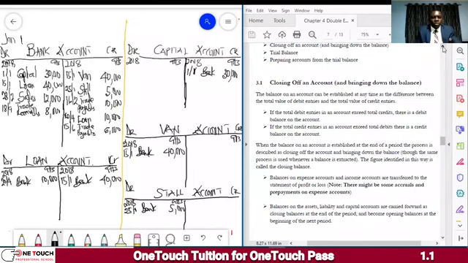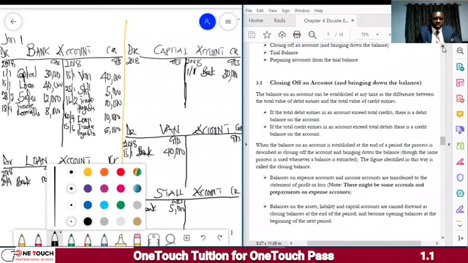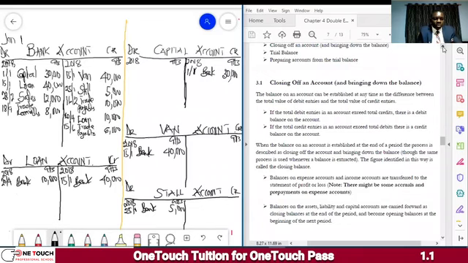Good. So let's take note of the loan account. I want to do something quickly here. Okay, good. Let me bring the loan account here.